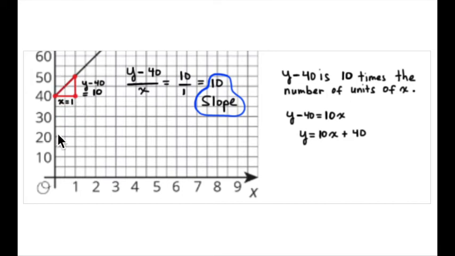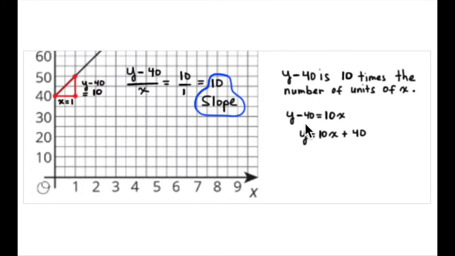You're already at the y-axis. This is y minus 40 over x is equal to the slope, which is equal to 10 over 1, which is equal to 10. So what that tells you is that this y minus 40 is 10 times greater than that x. So this y minus 40 right here is 10 times greater than that x.